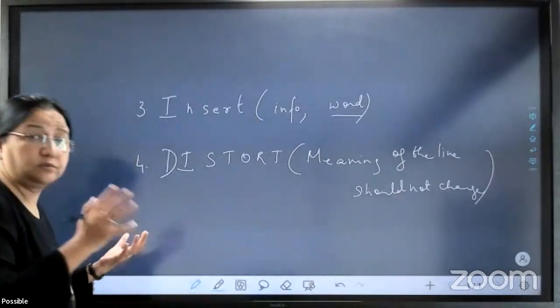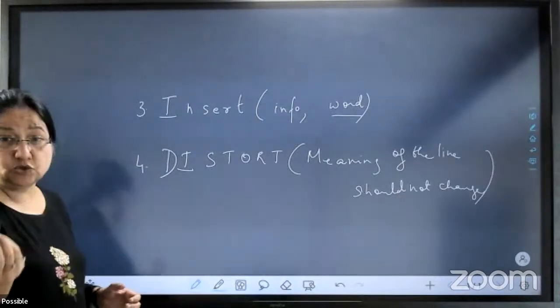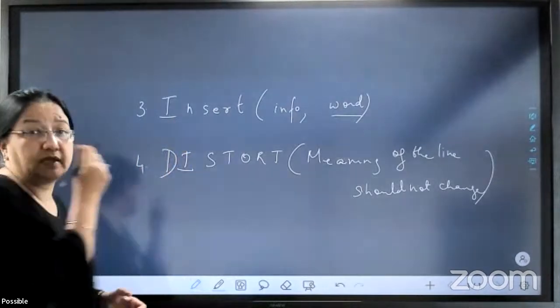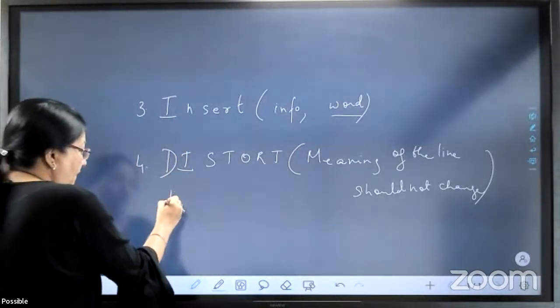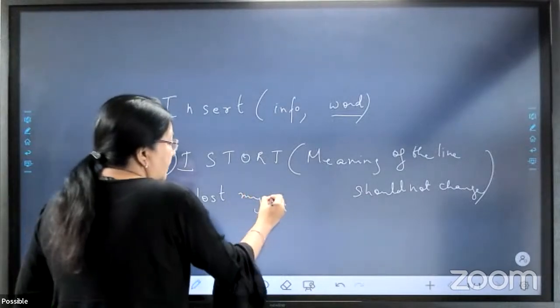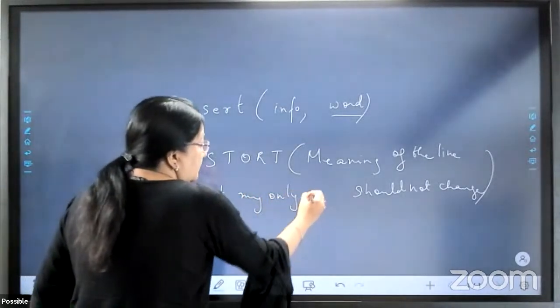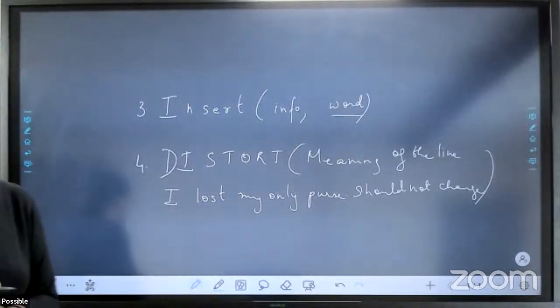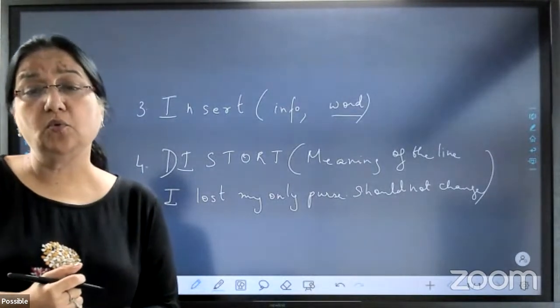I am just going to say one line to explain this concept of distortion and insert. Please see this. Let's say such a simple line is written: I lost my only purse.